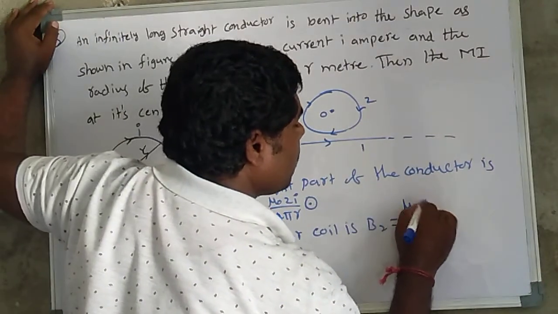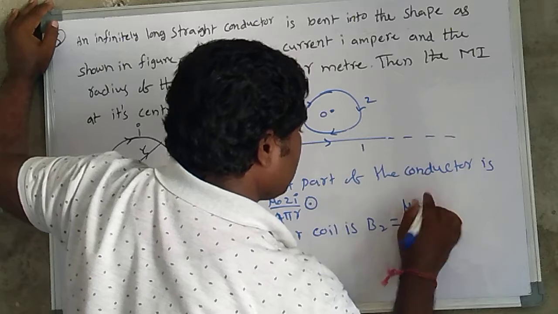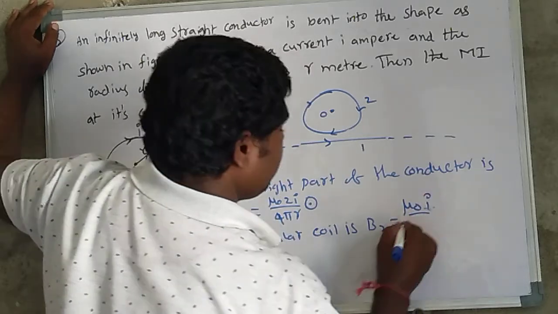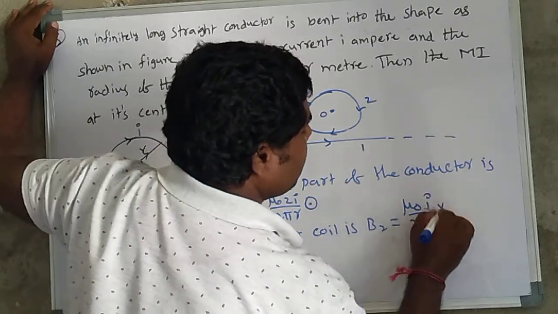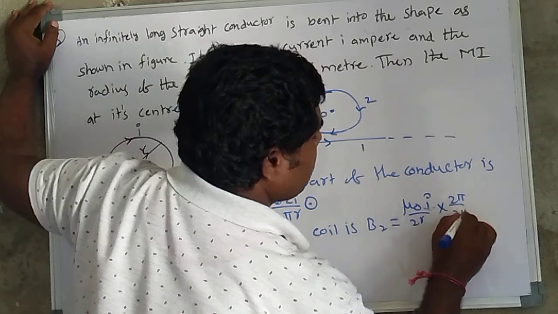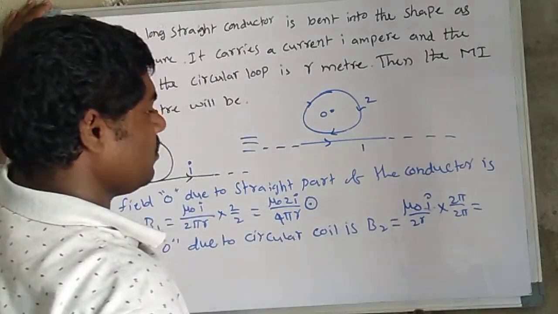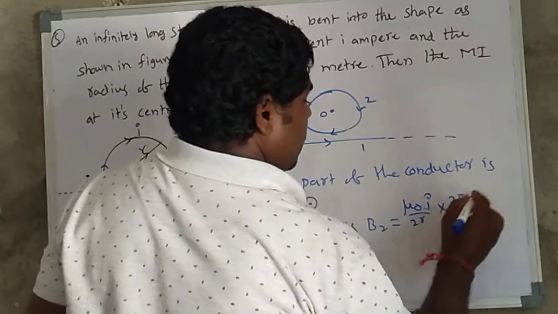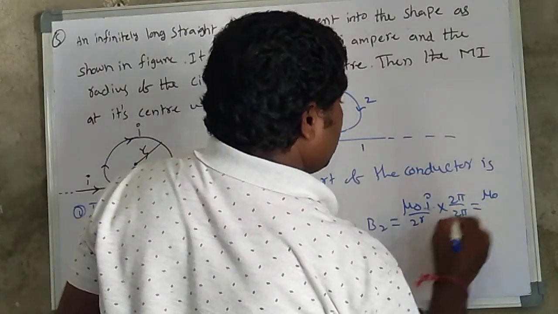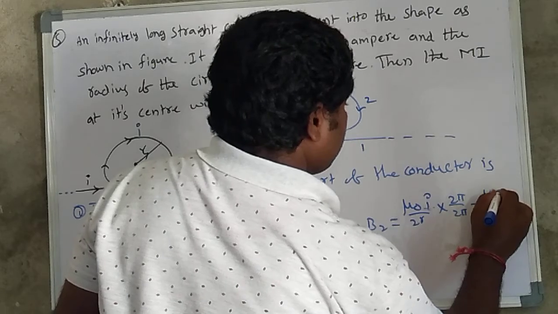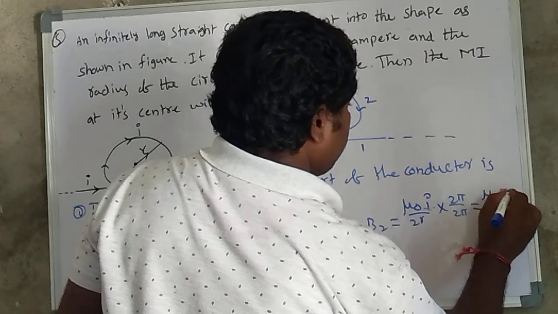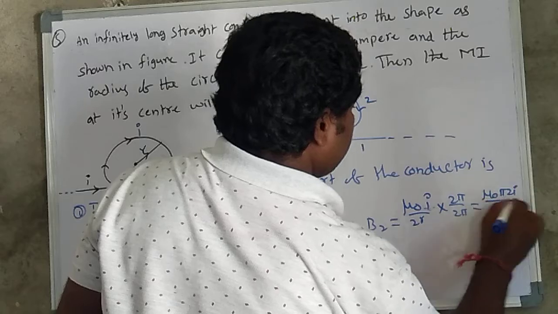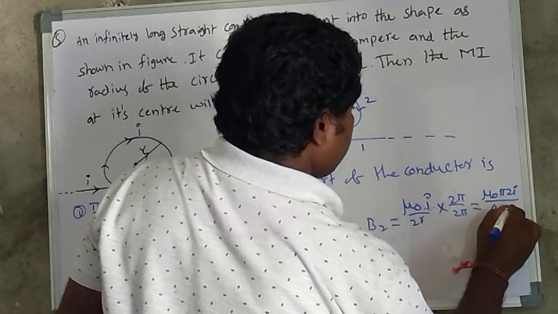Mu naught I divided by, here also small I, divided by 2R. Here the multiply and divided by 2 pi. That should be is equal to, here the mu naught into pi into 2I divided by 4 pi r.